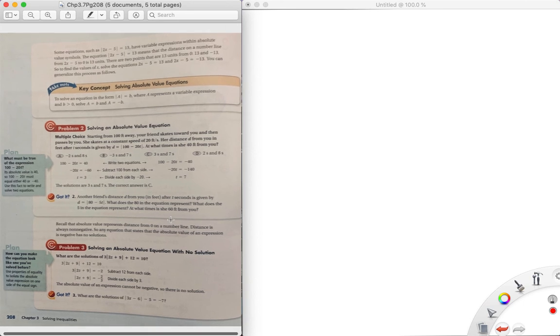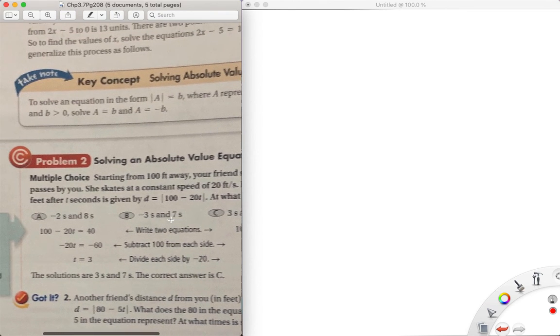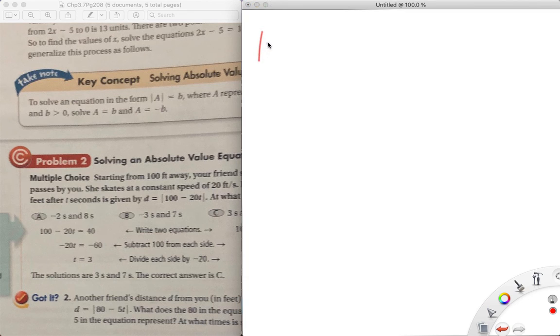So this just reiterates what I just said. When you have an absolute value, this is how the book does it. When you have absolute value of some number a and it's equal to b, you're going to have 2 directions. Now, first of all, b has to be greater than 0, because this denotes that it's positive distance. There's no such thing as negative distance.